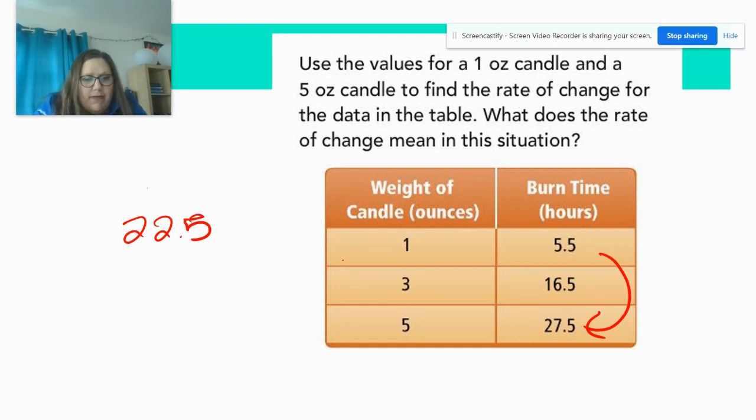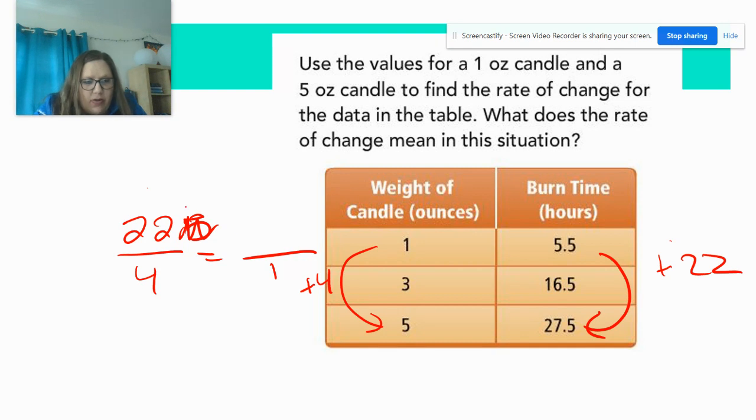And then from 1 to 5 is going to be a change of 4. So this is a plus 22, and this is a plus 4 because it tells us to use the 1 and 5. And so that is going to mean 22 over 4.